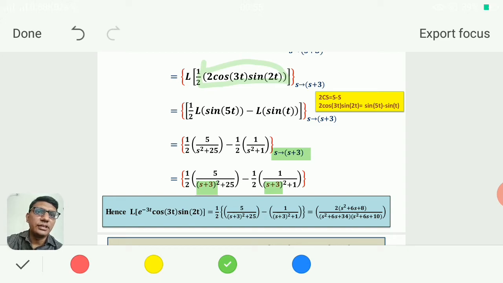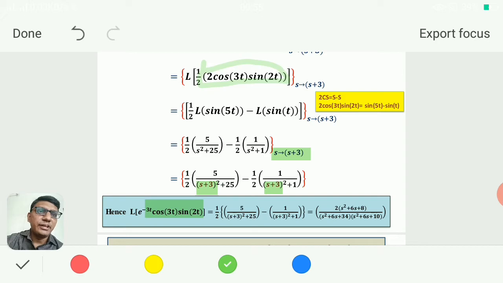So finally our answer of Laplace of e raised to minus 3t cos 3t into sin 2t is equal to 1 by 2 into 5 upon s plus 3 whole square plus 25 minus 1 upon s plus 3 whole square plus 1.